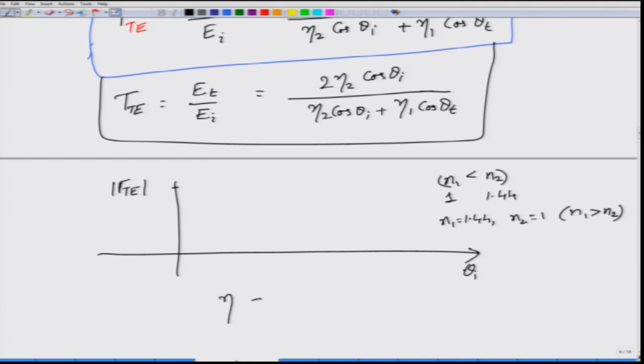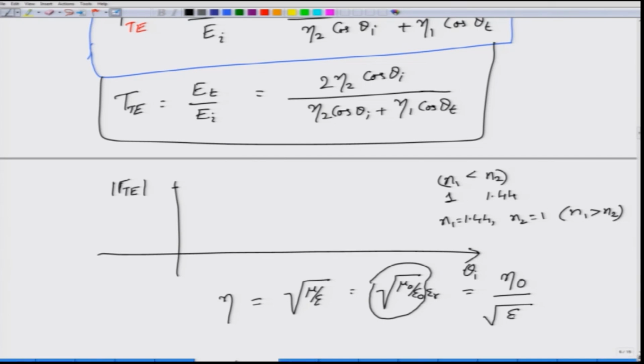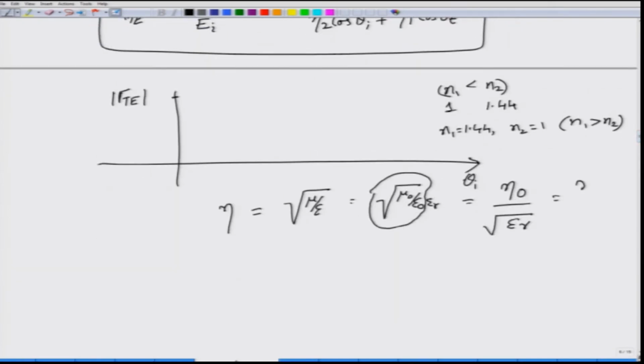Your impedance eta is given by square root of mu by epsilon, but this can be written as square root of mu 0 by epsilon 0 epsilon r, and this further can be simplified by denoting the square root of mu 0 by epsilon 0 as eta 0. So, you get eta 0 divided by square root of epsilon r, or this is equal to impedance in free space divided by refractive index n.